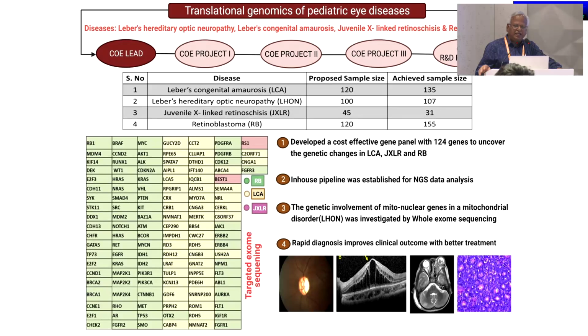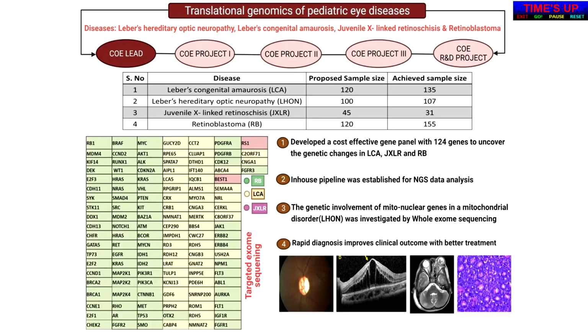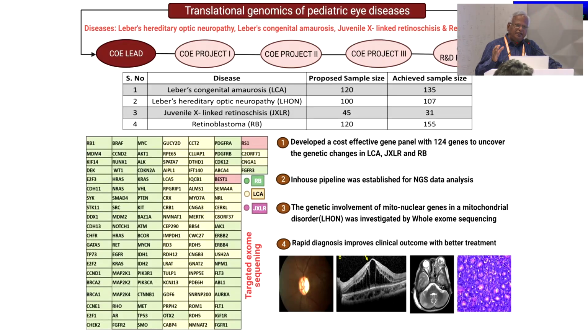We are making our own panel, targeting the specific genes or markers responsible for our population. We have made a panel, and the mutation identification frequency is more than 80 or 85%. If you see the literature, only 60% can be detected for retinal diseases, but in our case the detection rate is more than 85%.